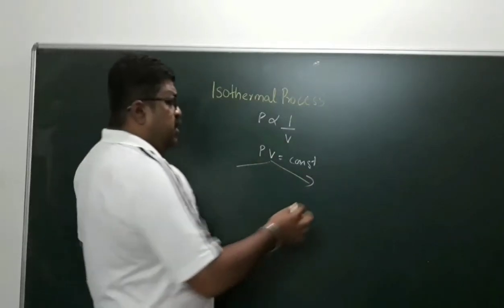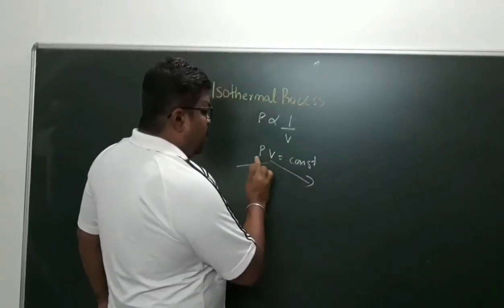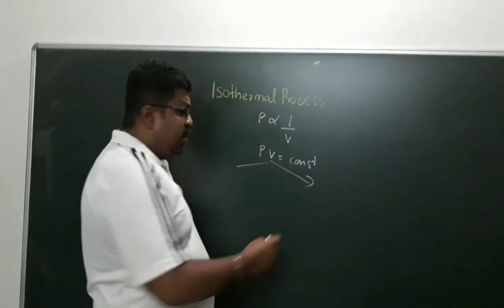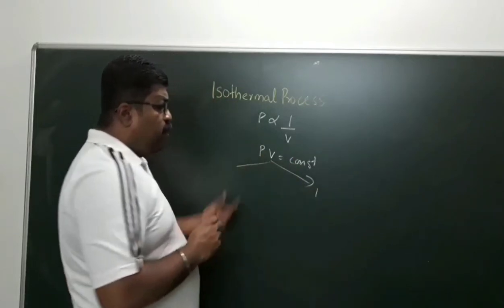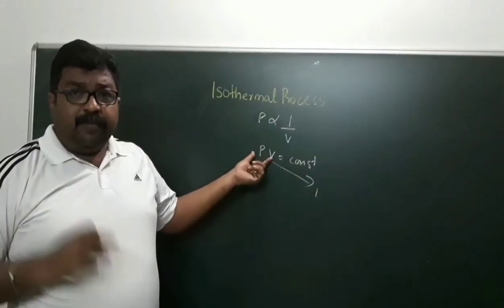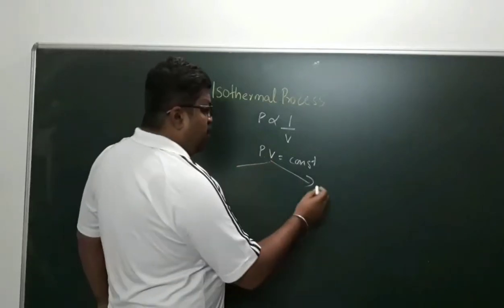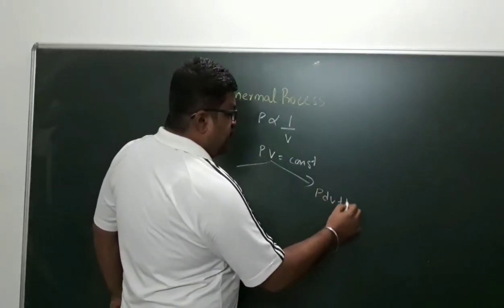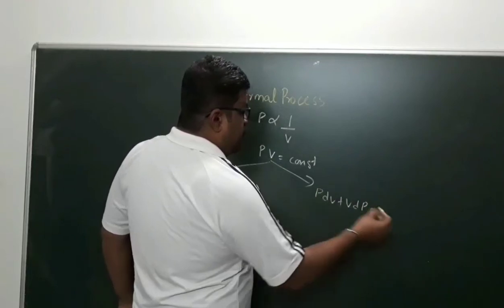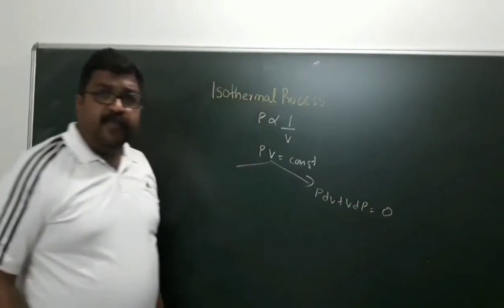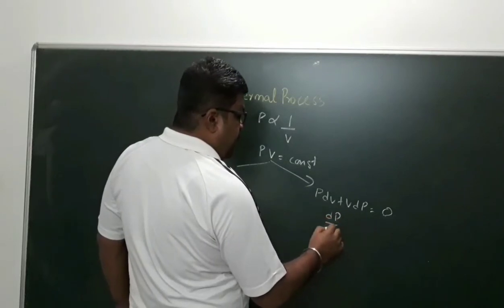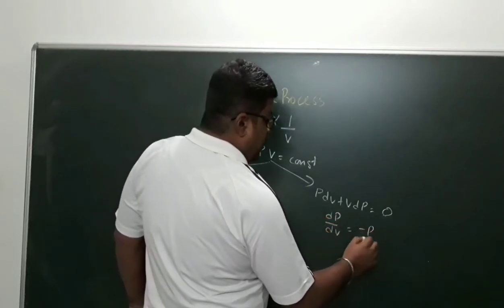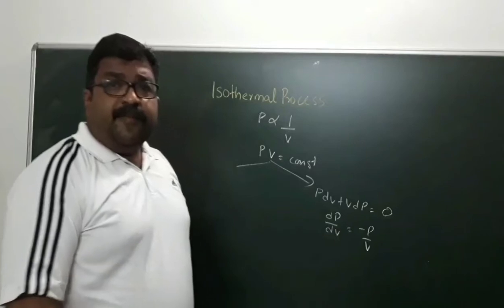Since PV is equal to constant, if I differentiate this, pressure and volume both are variable, remember, only temperature is constant. So we have PdV plus VdP is equal to the differential of a constant, which is 0. So that gives dP by dV is equal to minus P by V.